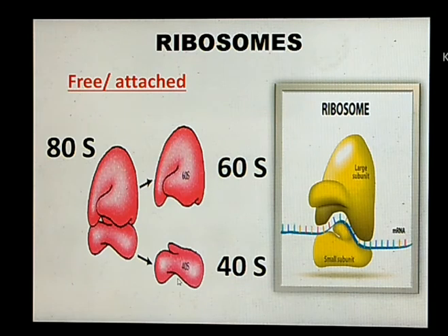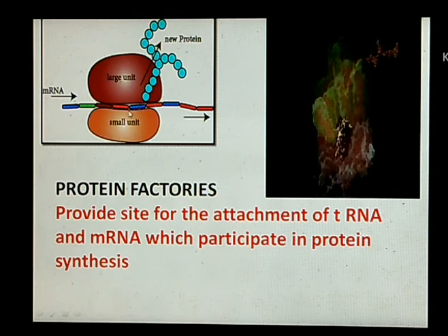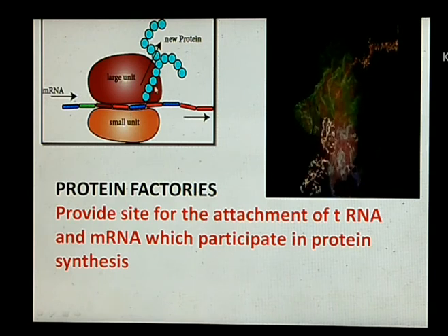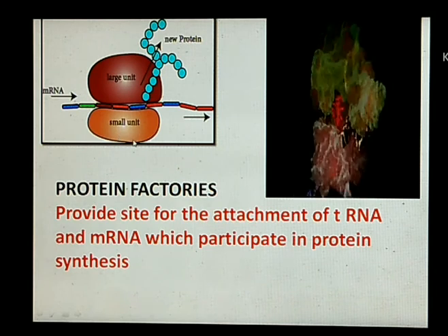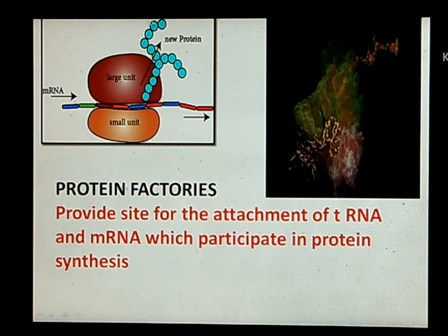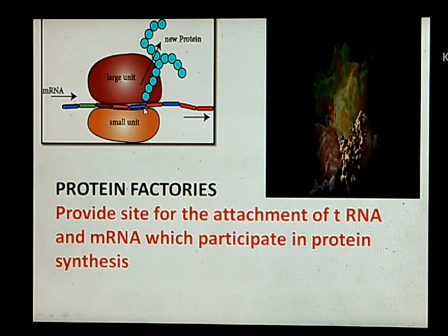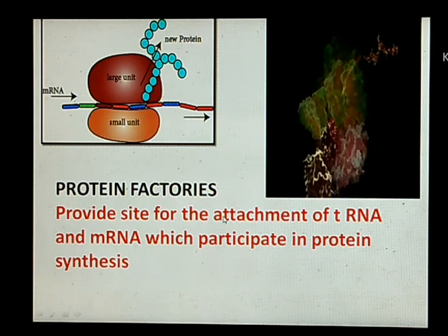These subunits are scattered in the cytoplasm, but at the time of protein synthesis, both the subunits join together to form ribosomes on the mRNA. We can call ribosomes the protein factories as they are very essential for the synthesis of various types of proteins. They also provide the site for the attachment of tRNA and mRNA which participate in protein synthesis.